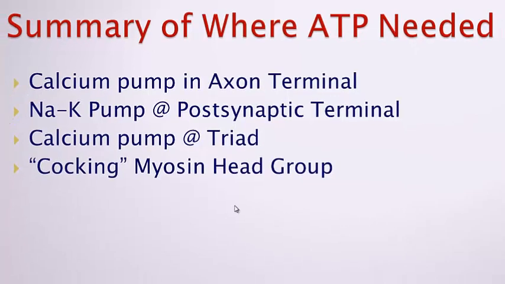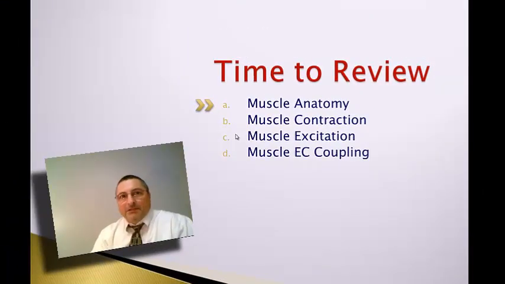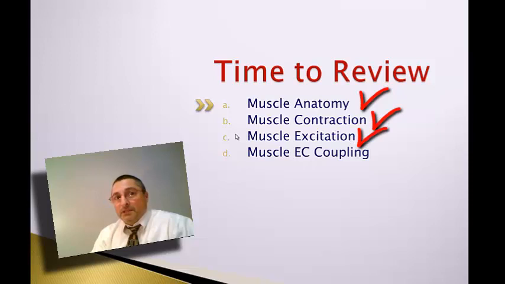So now it is your time to take a deep breath, do some review of your muscle anatomy, tied into your muscle physiology as associated with the contraction events, the excitation events.